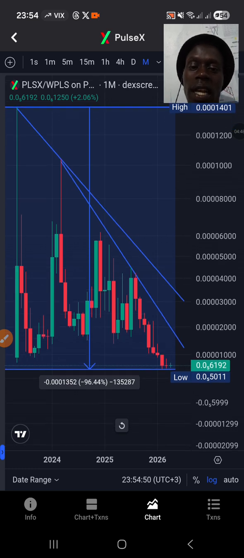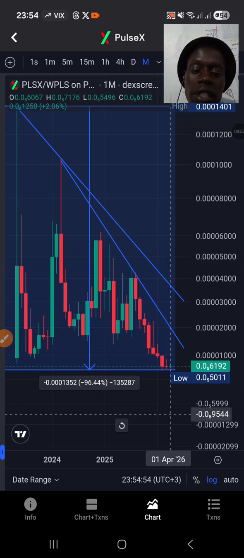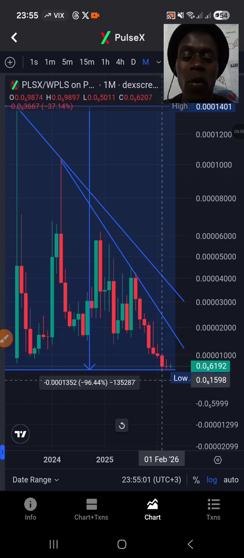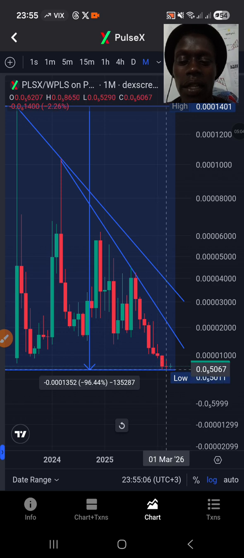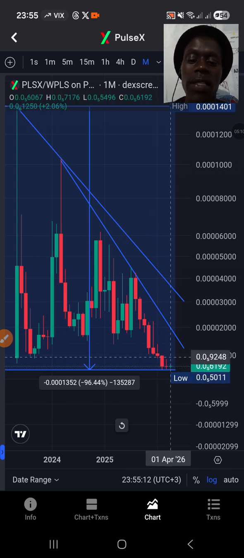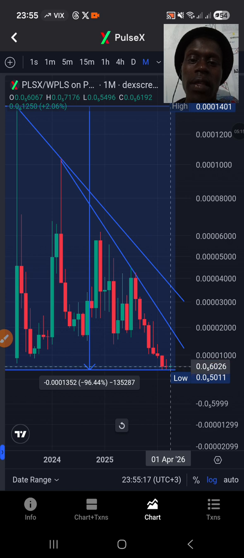You can see that last month the price printed a doji, showing that price had equaled the bears and the bulls, with some indecisiveness. Now this month's candlestick is actually quite bullish.